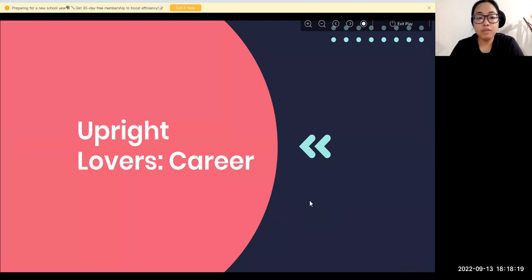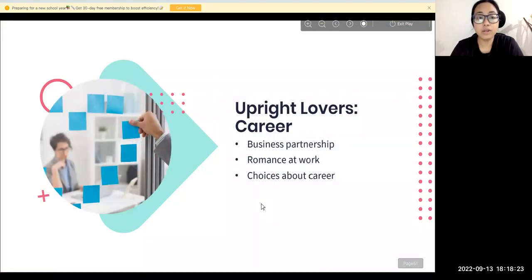Now when the Lovers card is coming in a career reading, then it means, because it is between two people in the card, you can see a male and a female, it can also mean partnership. It can mean that a business partnership is likely to happen, or you might end up meeting somebody at work, or romance at work, or there is a choice that you have to make in your career.